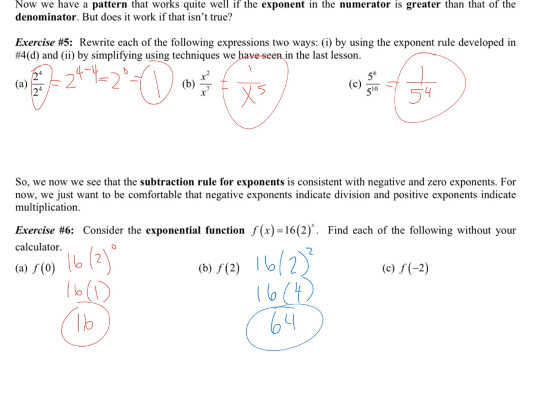And the last one, 16 times 2 to the negative 2, so 16 times 1 over 2 squared, so 16 times 1/4. So it becomes, whoops, not 16, it becomes 4, because what you're really doing is 16 times 1/4, or 16 divided by 4 is 4.